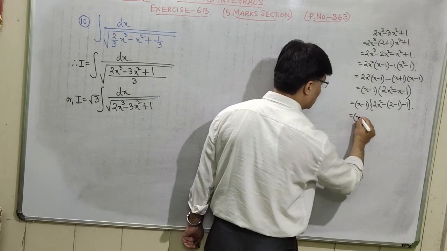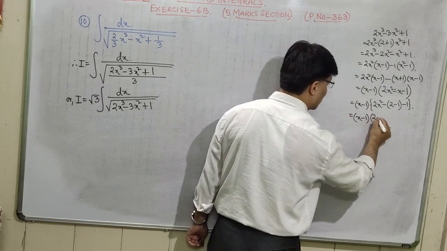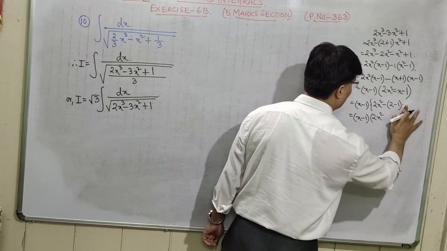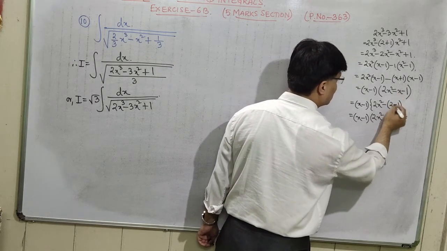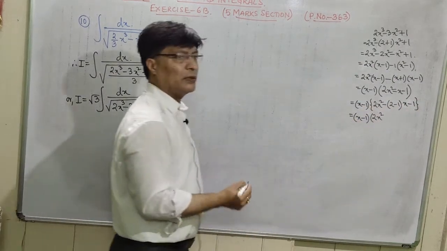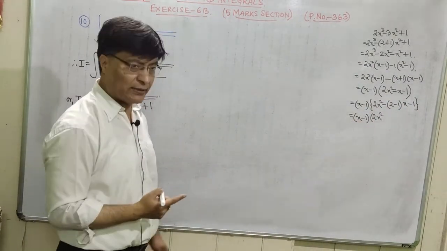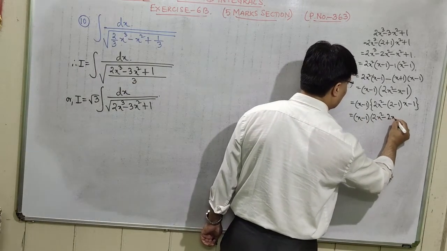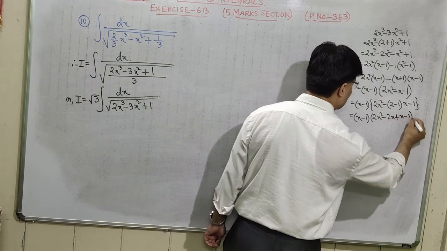So which is equal to x minus 1 within bracket 2x square, where the coefficient of x is 1, so it is 2 minus 1 into x minus 1. Okay, second bracket is closed, you have to write down x there. So you should multiply now. So it is minus 2x, minus times minus plus x, then minus 1.